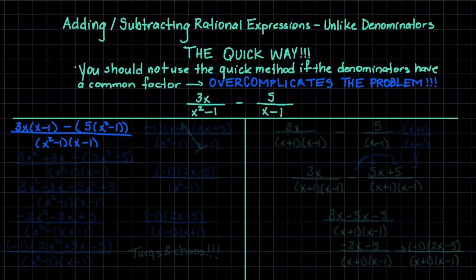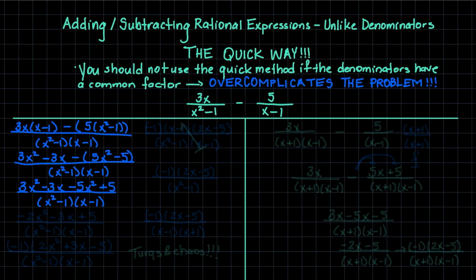At the top, we end up with 3x squared minus 3x minus the quantity 5x squared minus 5, all over x squared minus 1 times x minus 1. So that's 3x squared minus 3x minus 5x squared plus 5, all over x squared minus 1 times x minus 1.